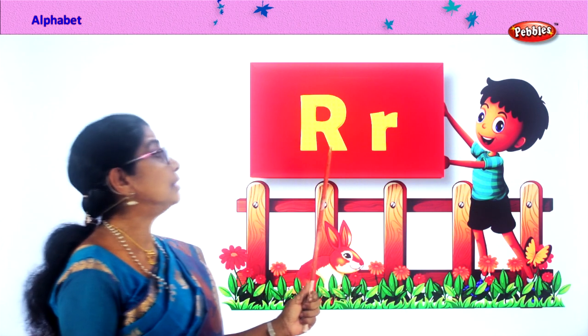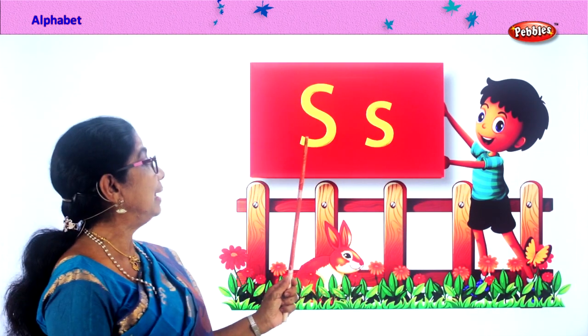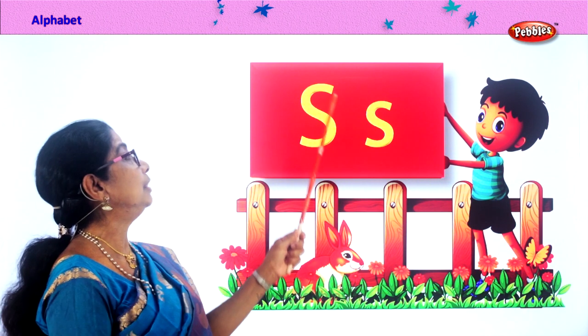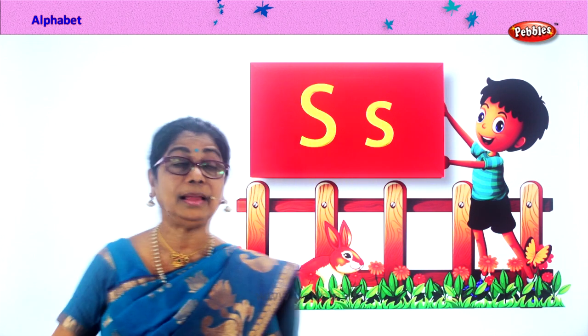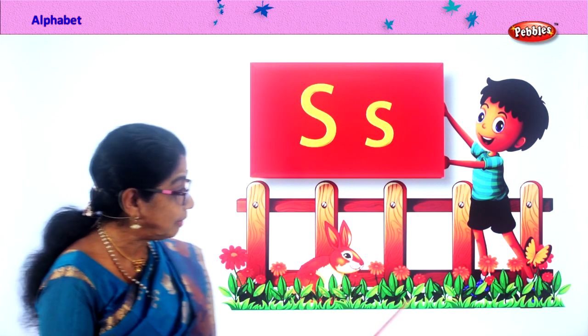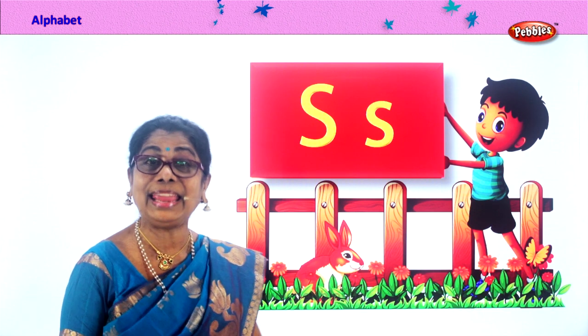Now, what's the next letter that comes after letter R? S. Very good. Capital S, small s. Now look at the shape of the letter S. When you look at letter S, what is the creature that you'll find in the garden? Must be hiding somewhere here. Good, snake. S for snake.